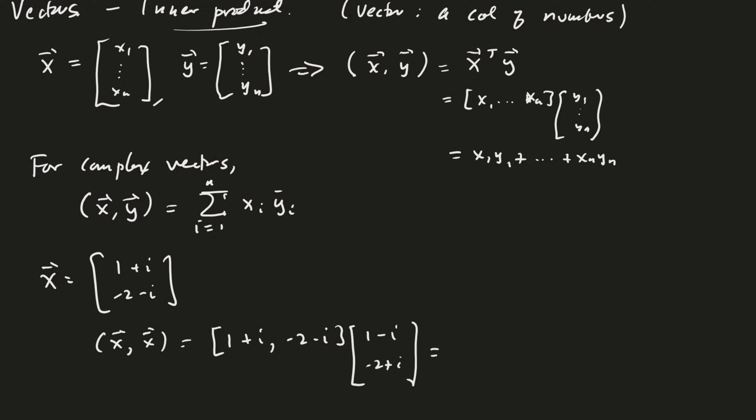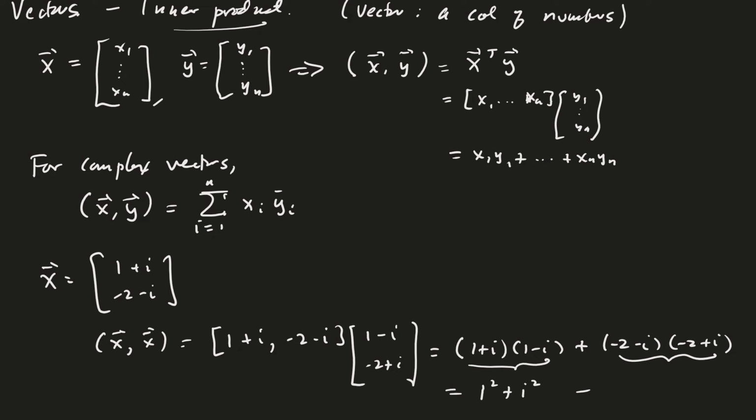And do you see what you get? You get (1 plus i) times (1 minus i) plus (minus 2 minus i) times (minus 2 plus i). And so these become real numbers. That becomes 1 squared plus i squared, and this becomes minus 2 squared plus i squared. Oh, minus i squared. Sorry about that.